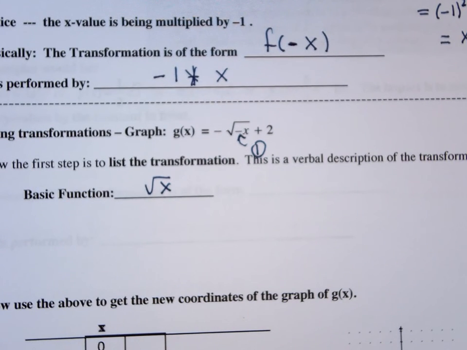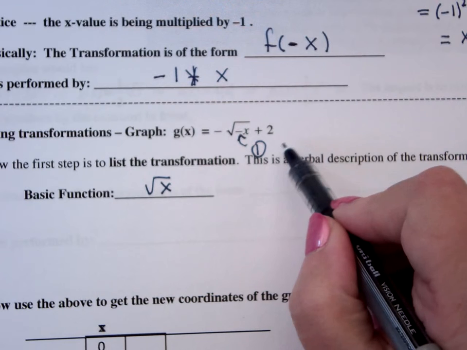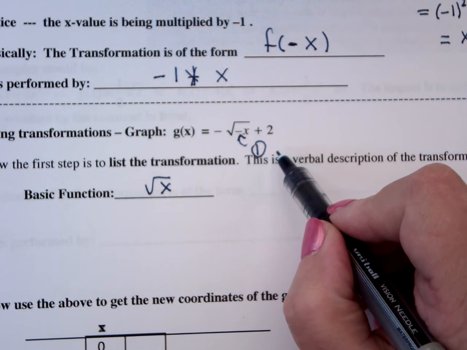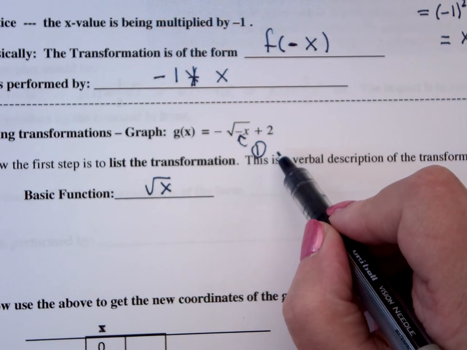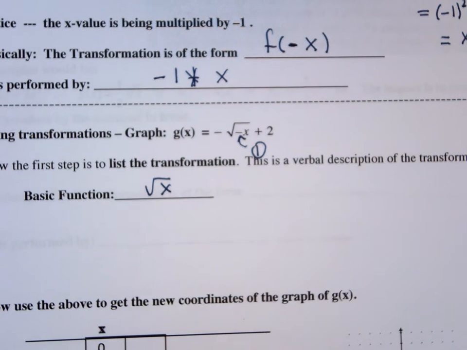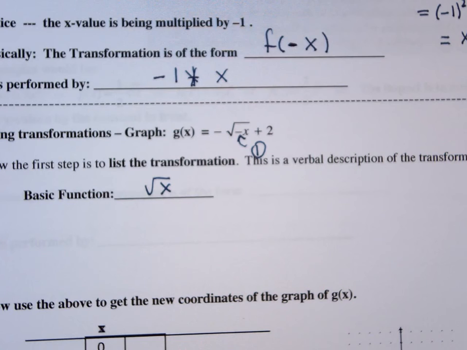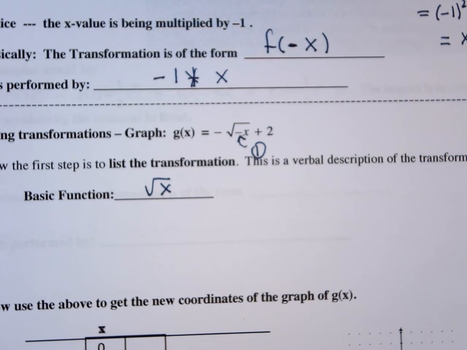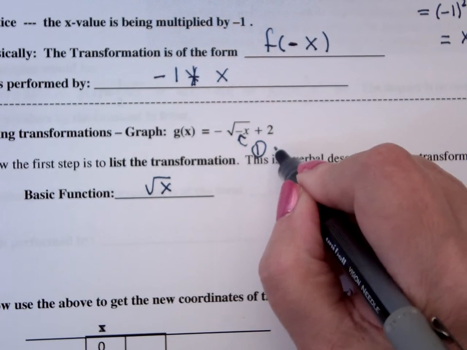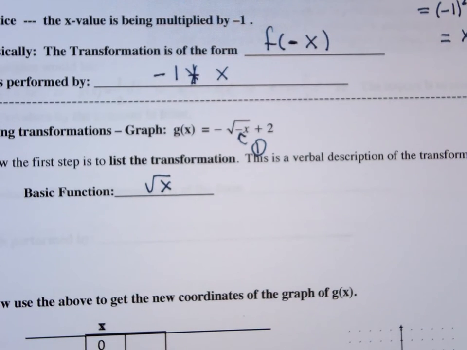What is it? It's -1 times x. What does that do? Reflects across the y-axis. And you should have that on your white sheet of paper.